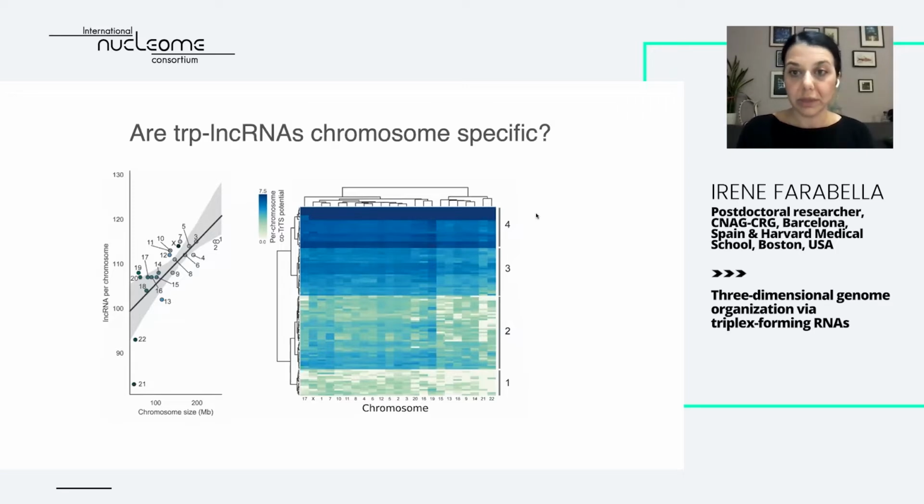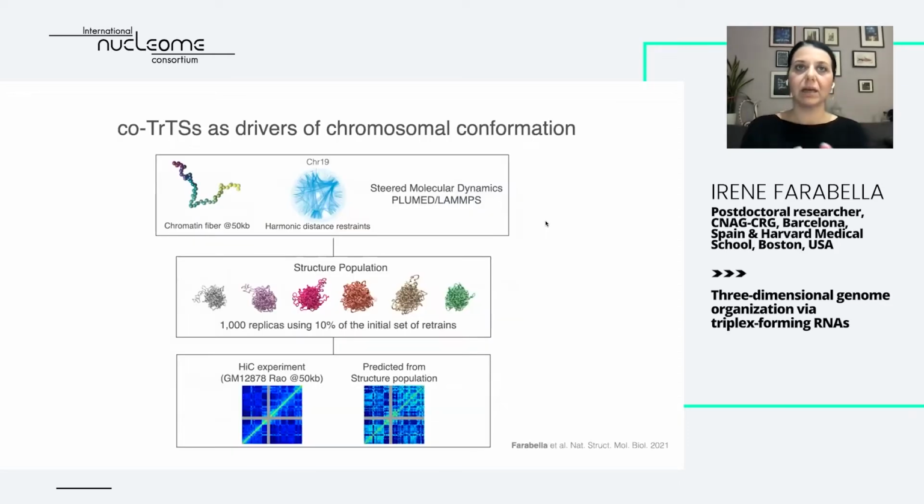all the chromosomes genome-wide. So to test our hypothesis that these long non-coding RNAs are indeed a driver in genome organization by forming or promoting the formation of these three-dimensional clusters of triplet target sites, we performed data-driven modeling.